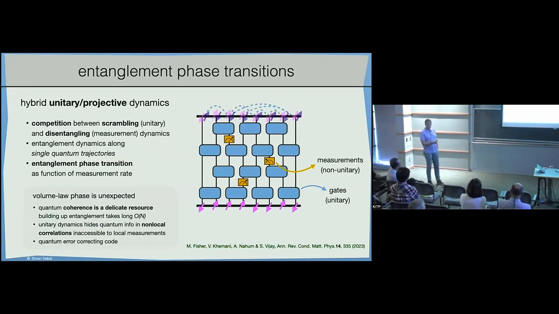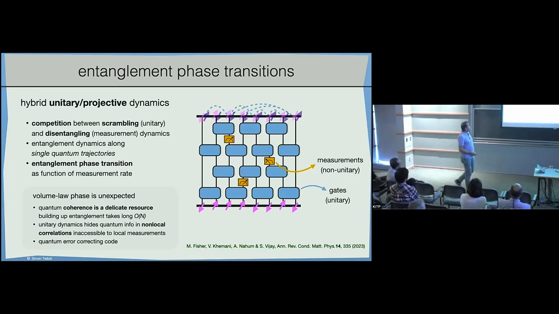The reason that it does not get destroyed immediately is the fact that there are non-local correlations in the system that measurements cannot easily destroy, and the fact that there are these non-local correlations is what you can also use to encode quantum information in such circuits and get a quantum error correcting code.